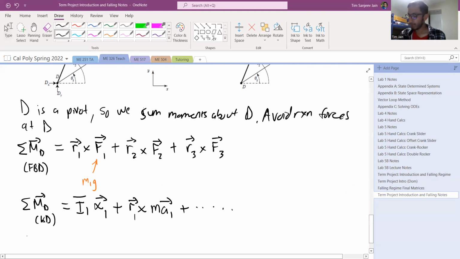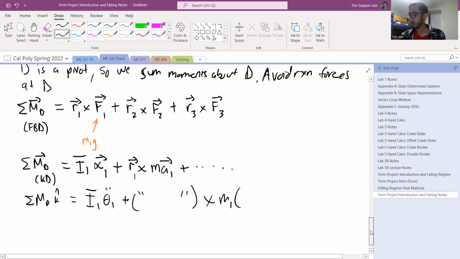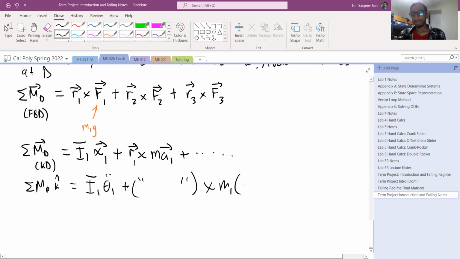So what we're going to end up having is the sum of the moments about D in the K hat direction is I bar 1 theta double dot 1 plus whatever you derive for R1 cross M1 times X double dot 1 I hat plus Y double dot 1 J hat. You're going to be substituting those in, and so on.